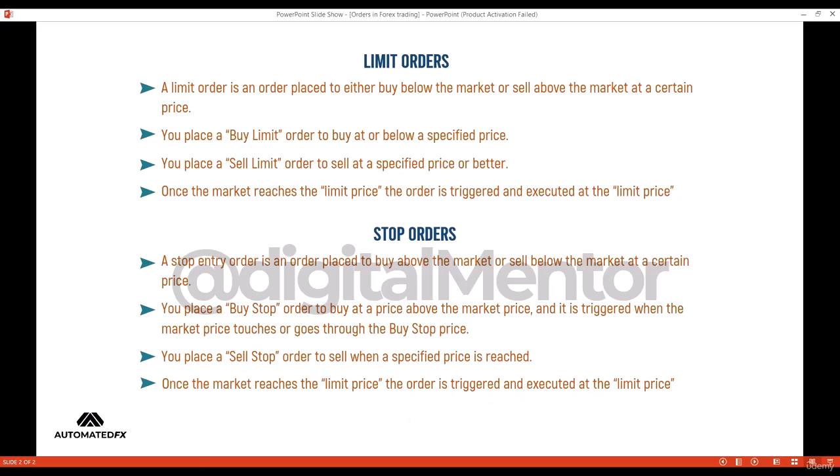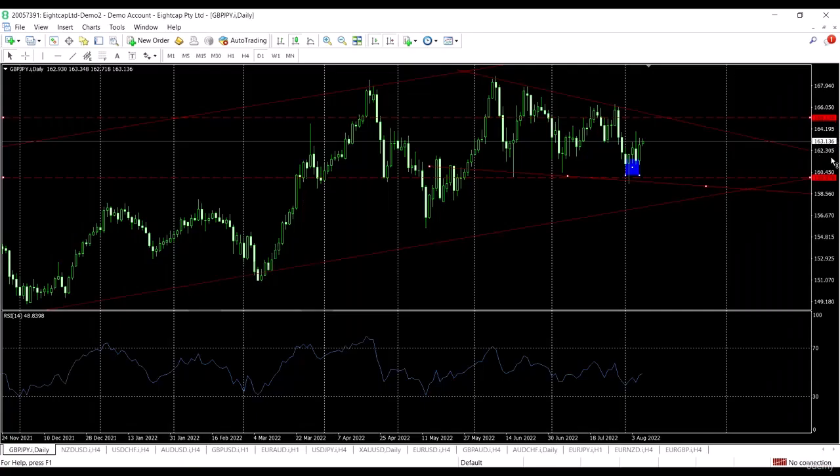So again, let's come to our trading platform. Remember the last time we said that for limit orders, when we want to place a sell limit order, we have to place it above, and when we want to place a buy limit order, we have to place it below. For stop orders, when we want to place a buy stop order, we have to place it above our current price, and when we want to place a sell stop order, we have to place it below our current price.